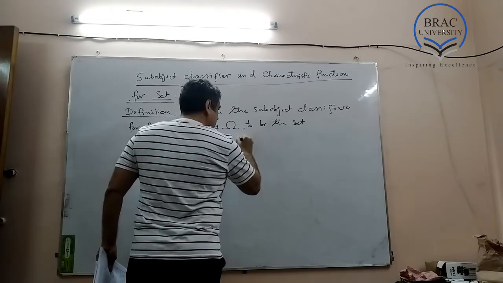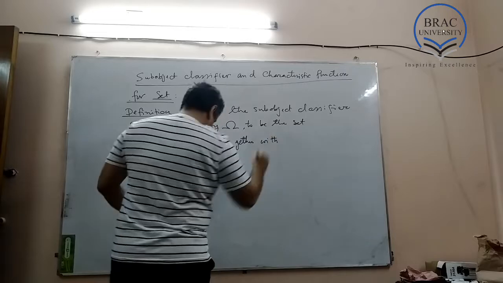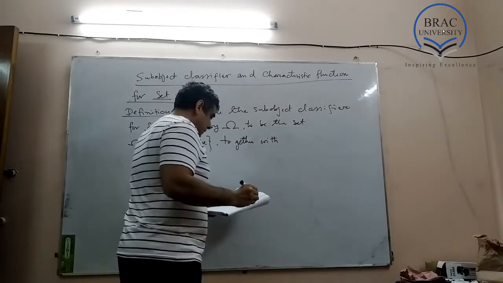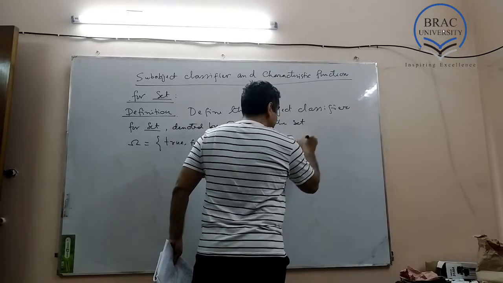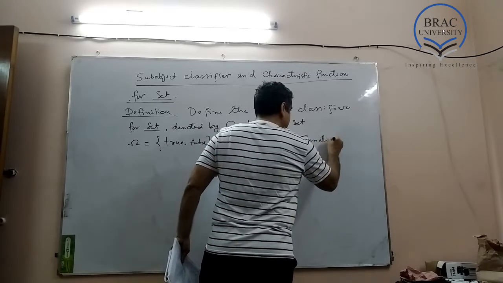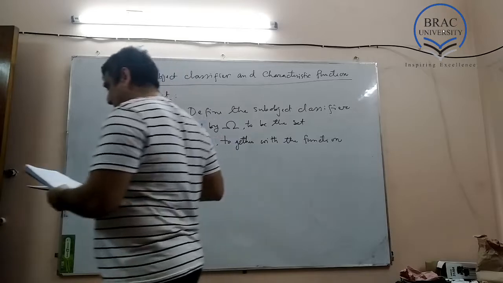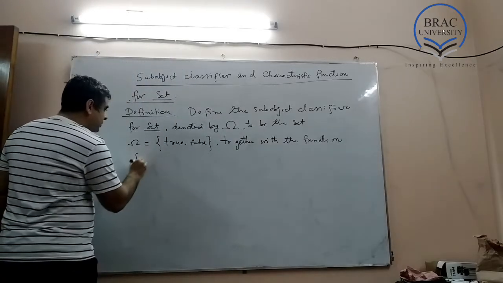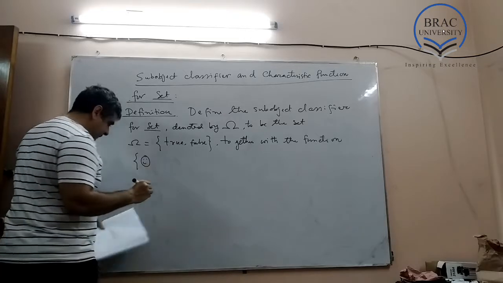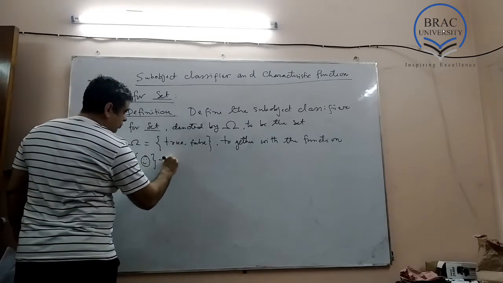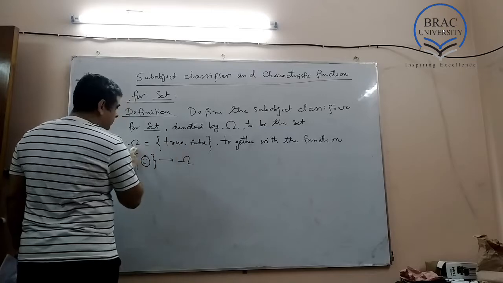Together with the function, there is a singleton with the unique object as the smiley, and that gets mapped to the true of this subobject classifier.